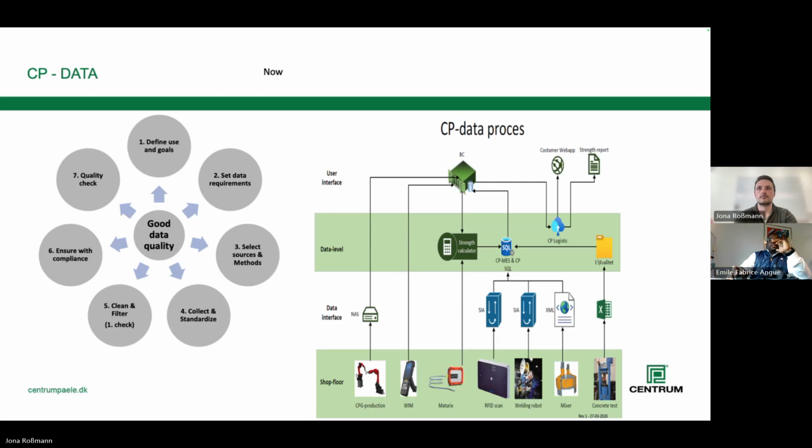But the problem was, okay, it's a lot of data. So we also need to ensure good data quality for sustainability. That is where we start to define the use and the goals.